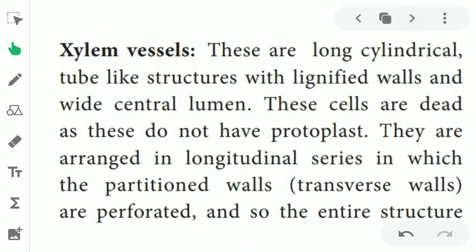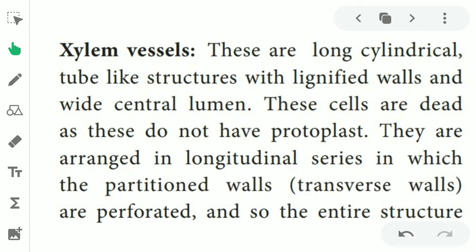Next, xylem vessel. They are long cylindrical tube-like structures with lignified walls and a wide central lumen. Lignified means prominent, thick. The cells are dead. They do not have protoplast. Protoplasts are absent. They are arranged in longitudinal series.